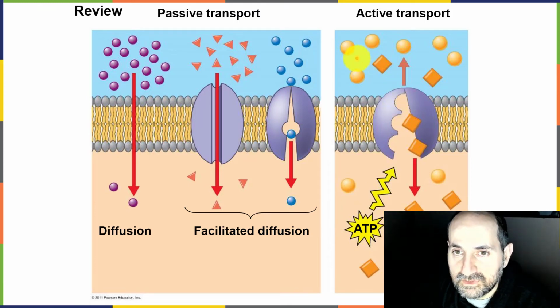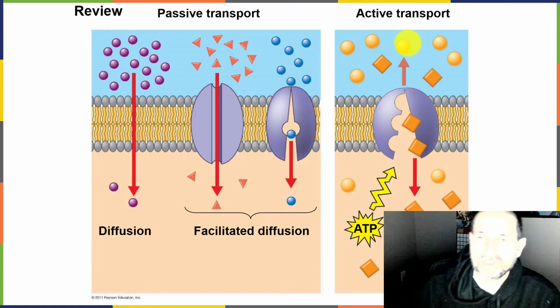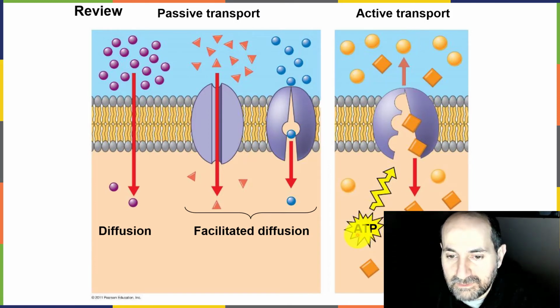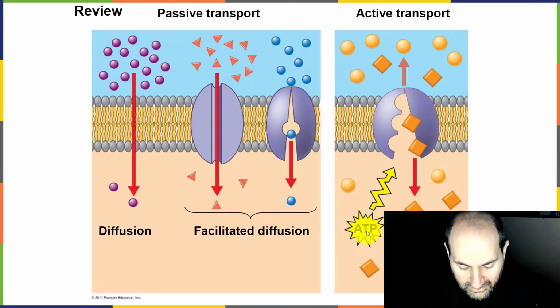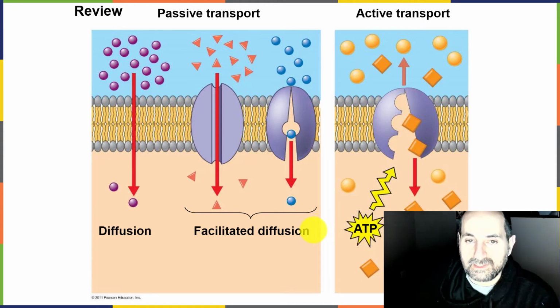So for example, if there's already a bunch of these spheres outside, and you want to pump more of these spheres where they're already high concentration, notice how you're going against the concentration gradient. This will require ATP because this is going against the concentration gradient. You're going against diffusion. So what you should know is active transport is going against diffusion across a membrane. And that's going to require ATP. It's going to require energy to occur.